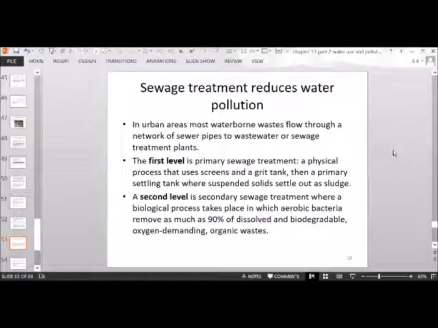So then we're going to talk about sewage treatment. In urban areas, most waterborne wastes flow through a network of sewer pipes to wastewater or sewage treatment plants.